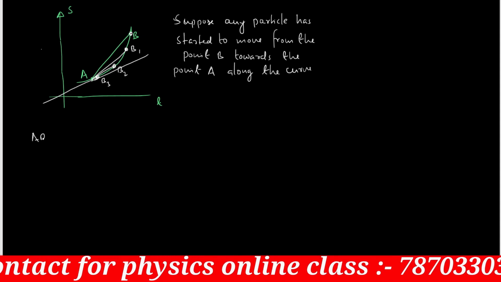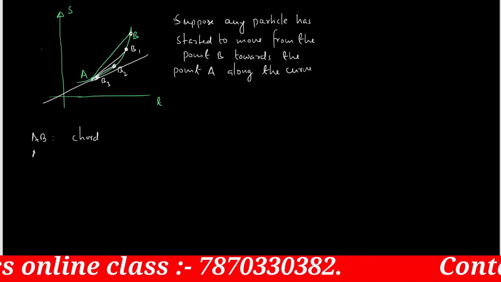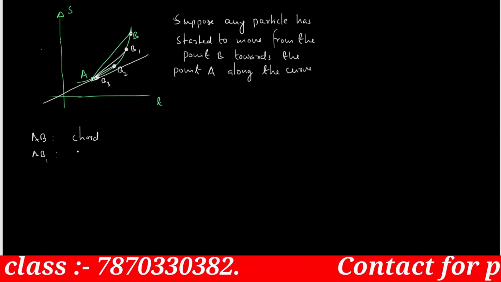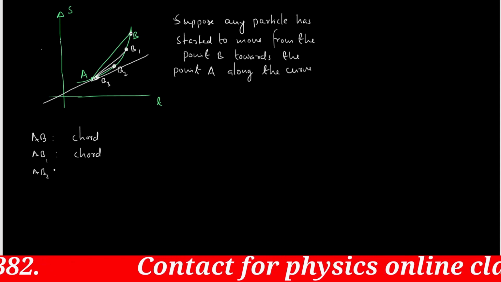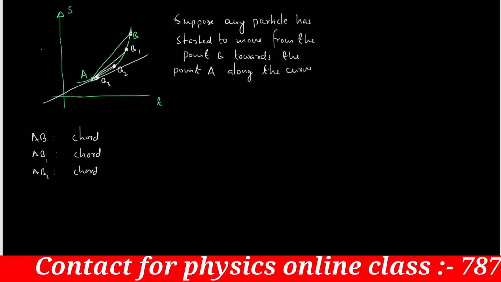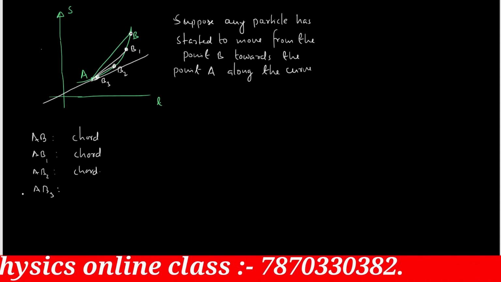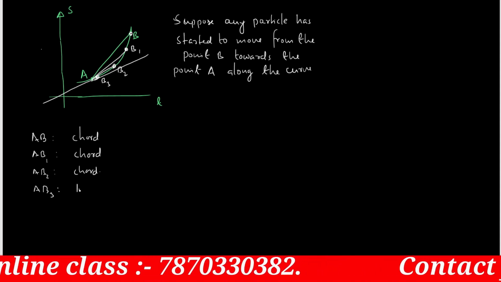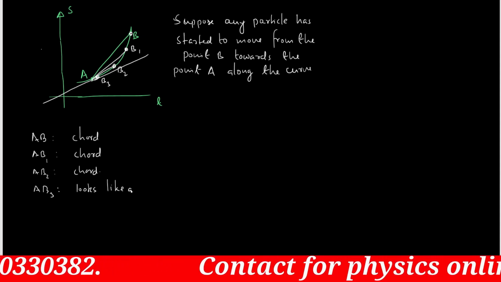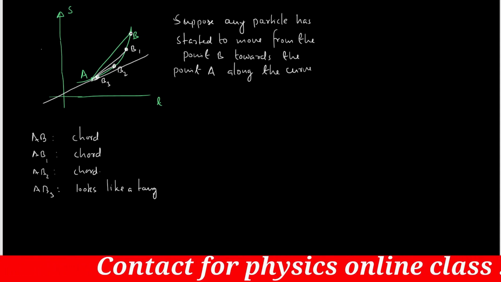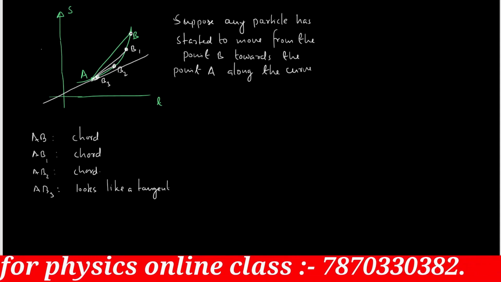Then AB is a chord, AB1 is still a chord, AB2 is still a chord, and finally AB3 is not looking like a chord; it looks like a tangent. Clear? So as you go smaller and smaller, it is practically attached.